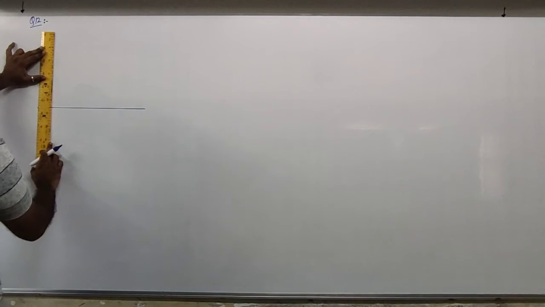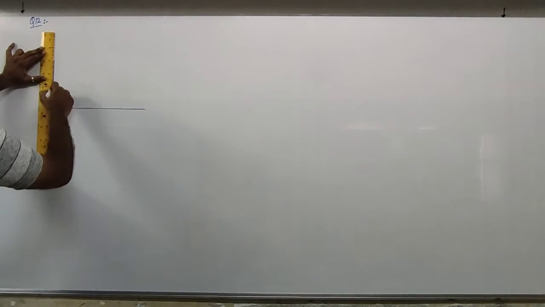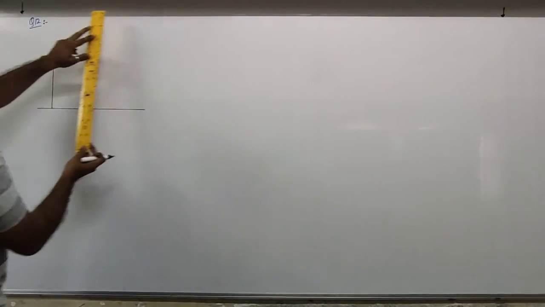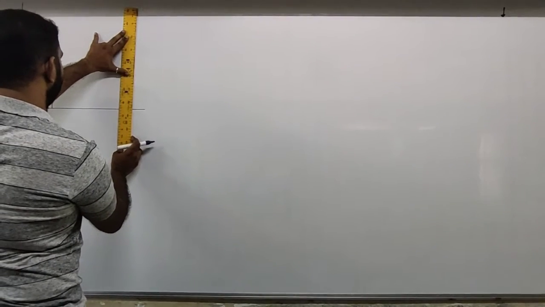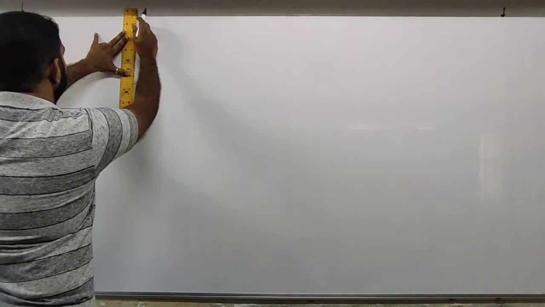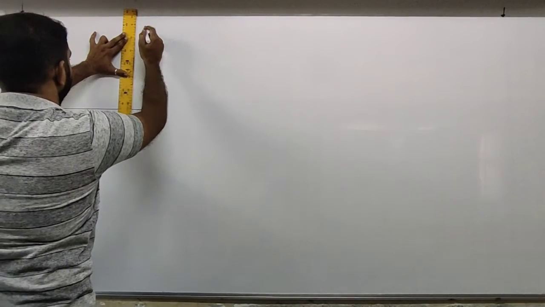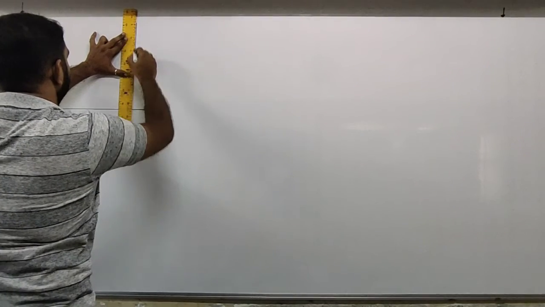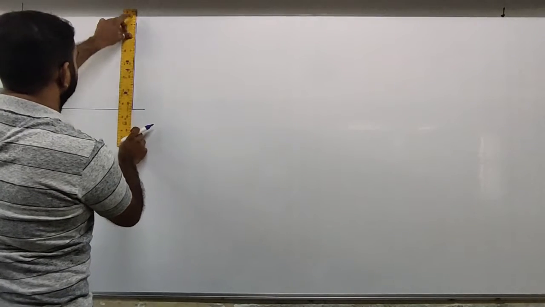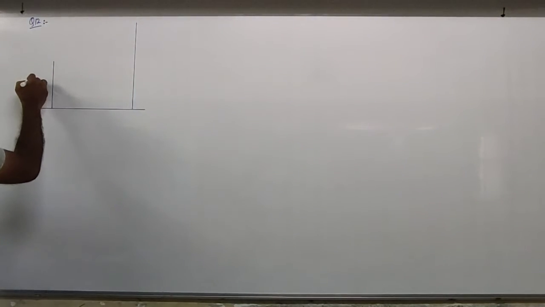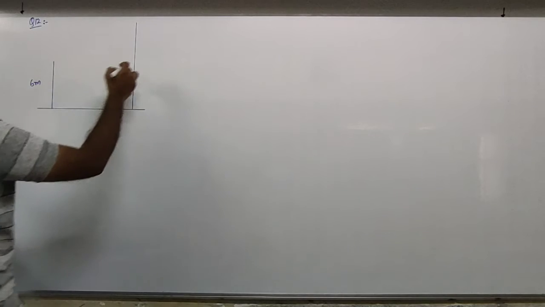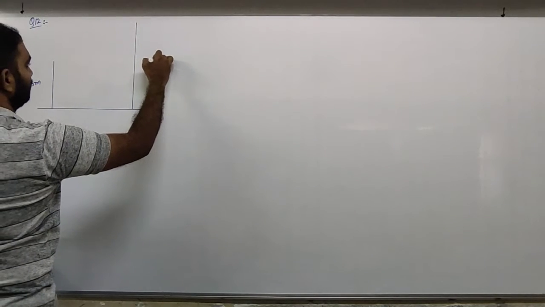एक पोल की height 6 meter है, the smaller one, and there is another pole of height 11 meter. Like this is 6 meter, this is 11 meter.